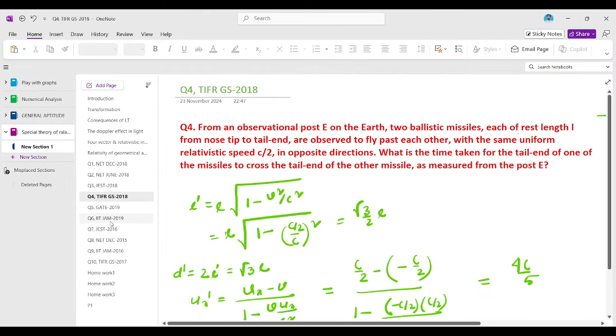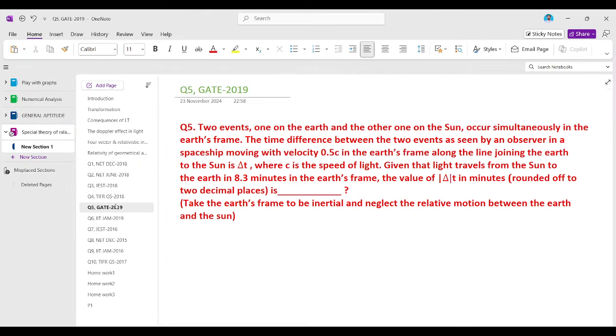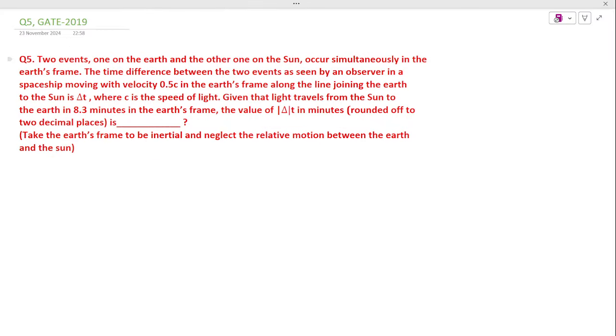Next, go ahead. Another question, question number 5 from GATE 2019. The question: two events, one on the earth and the other on the sun, occur simultaneously in the earth's frame.